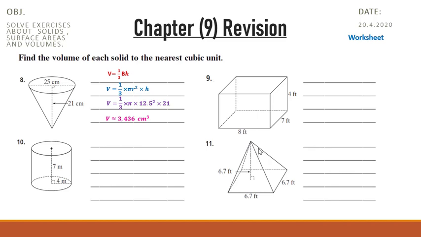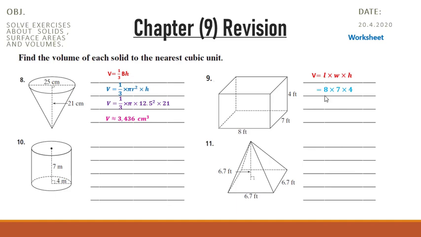We will multiply 2, multiply 4, multiply 7, multiply 8. I want the rule first. Length, width, height. Great. So length multiplied by width multiplied by height.